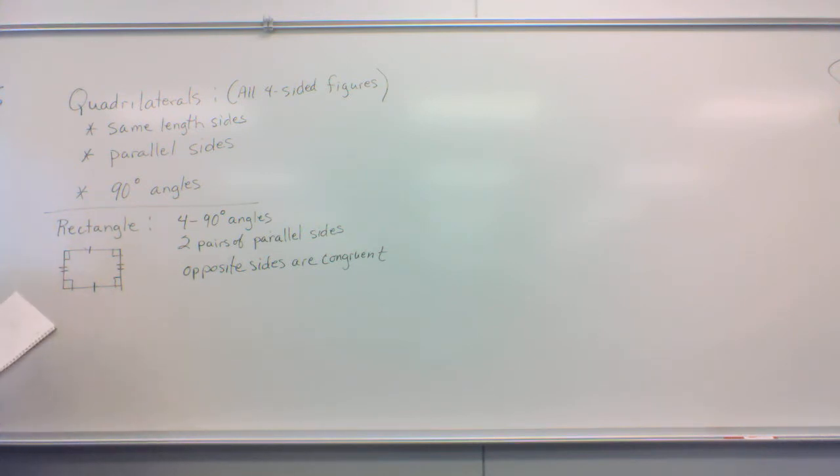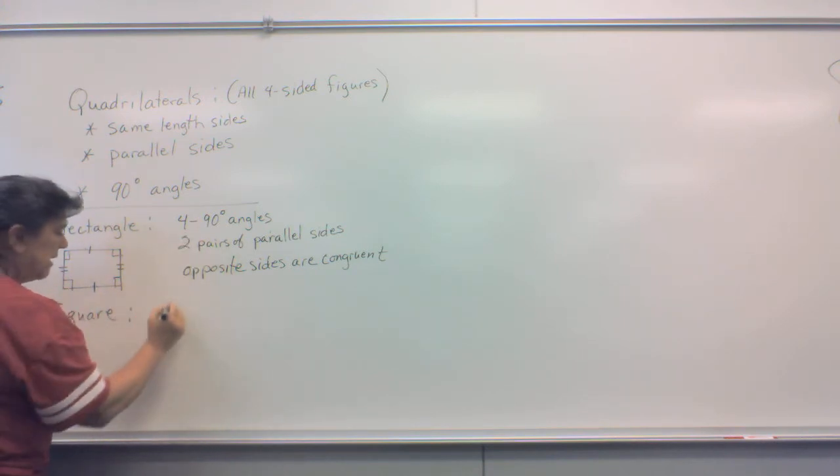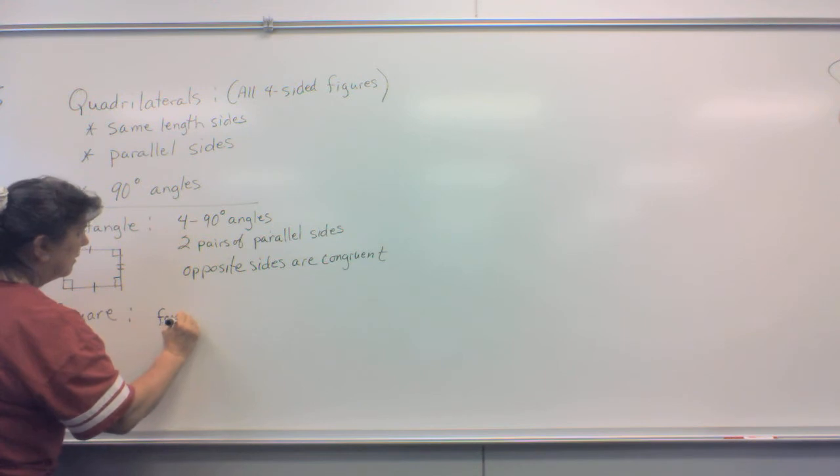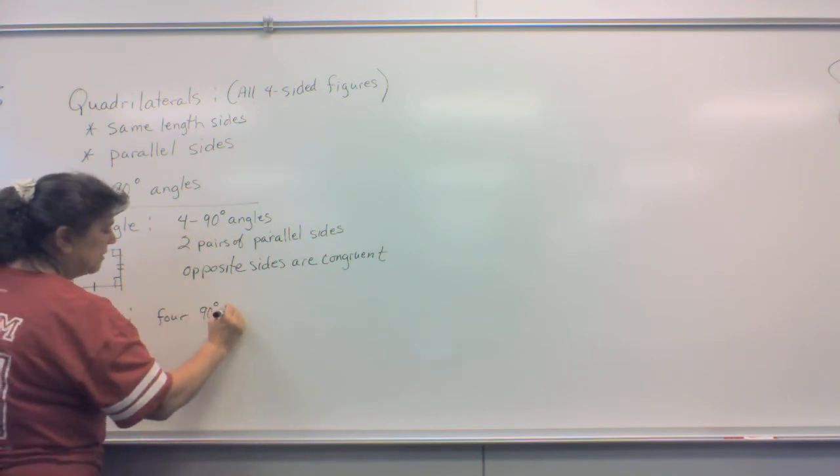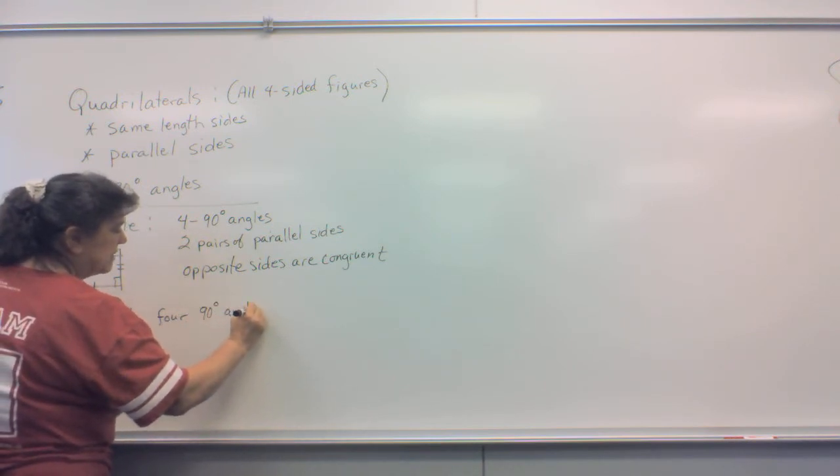Okay, so now let's look at another one that we have. How about the word square? Square is actually a special kind of a rectangle. Okay, so it's in the same category, but a rectangle doesn't have all sides the same, but a square does. So a square, again, has 4 90-degree angles, just like a rectangle does.